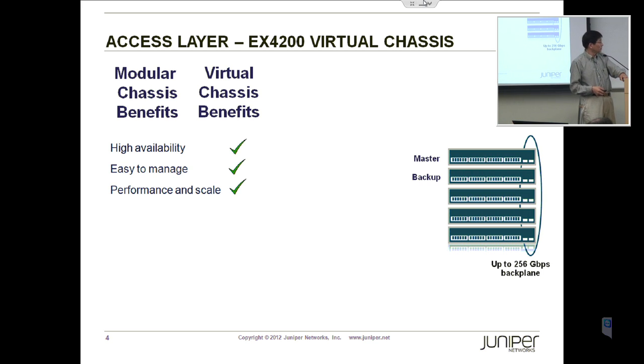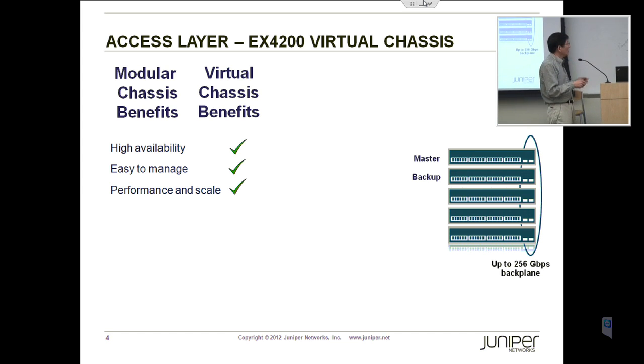So here looks better. Now the system will have all the benefits of the modular chassis system: high availability because we have master and backup routing engines, or the control plane, and it's easy to manage.